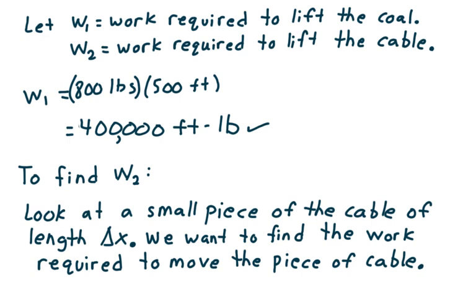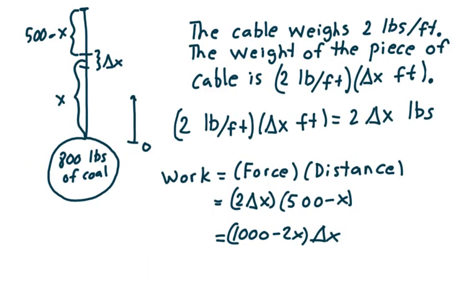Now we want to find the work required to lift the cable. And so to find W2, we look at a small piece of the cable of length delta x. We want to find the work required to move that piece of cable. And so notice here, I have a small piece, redrawing this, of length delta x.